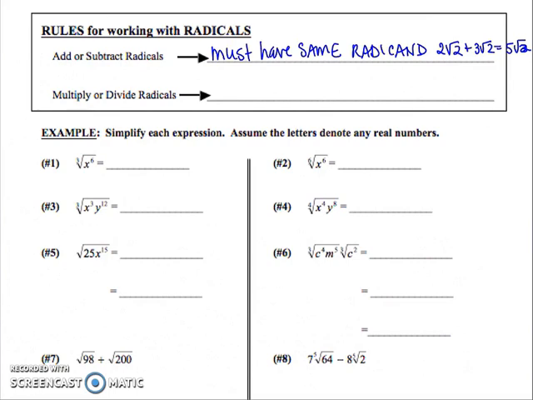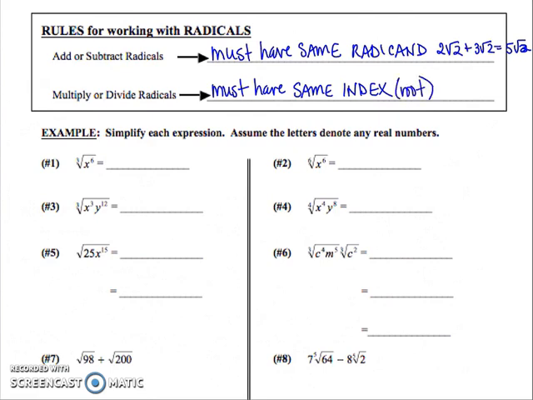When we are multiplying or dividing radicals, this is different. We must have the same index, which again, our index is our root.